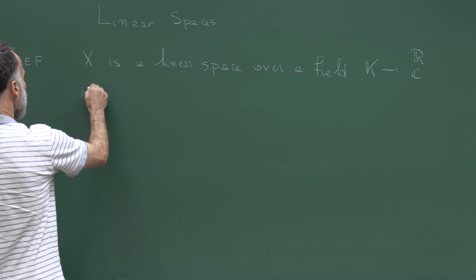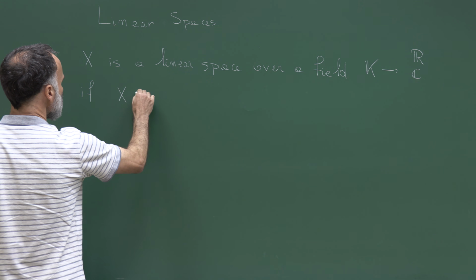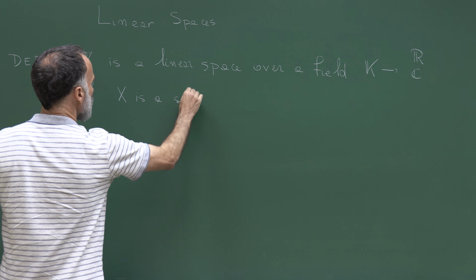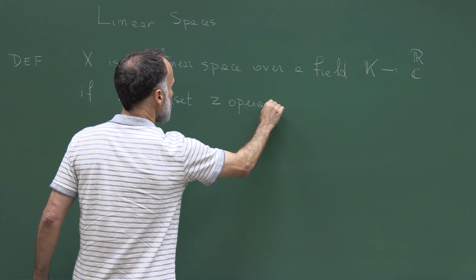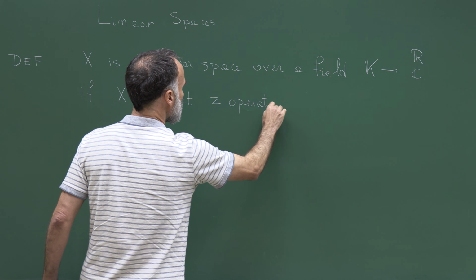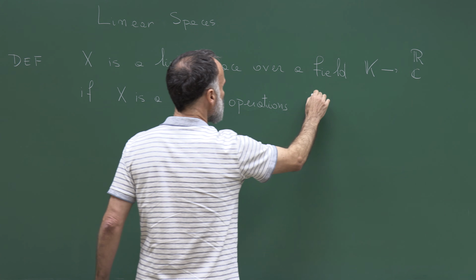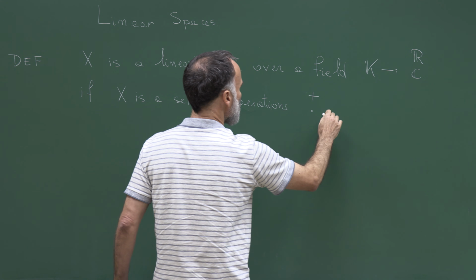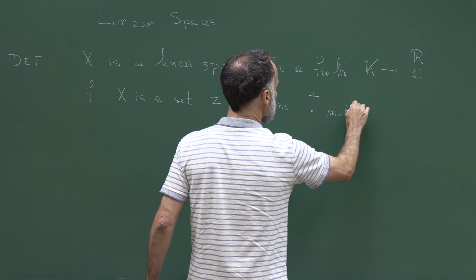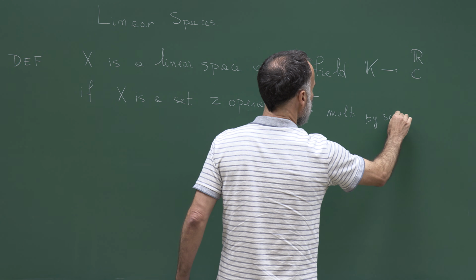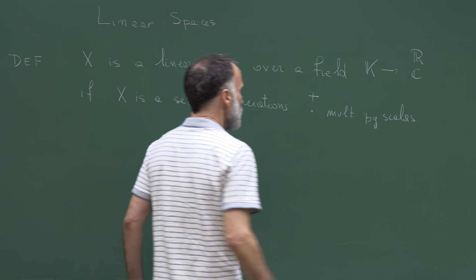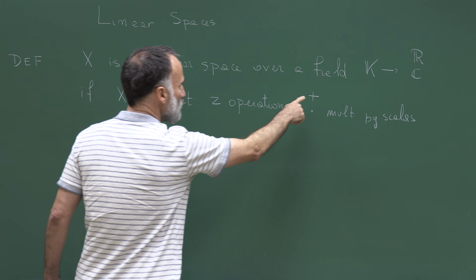If X is a set with two operations, an addition and a multiplication by scalars. So I'm assuming that there are two operations.